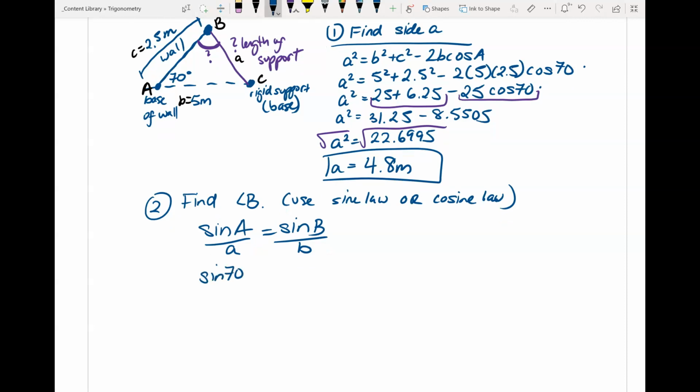Angle A is 70 degrees. Side A, we just found that, is 4.8. We don't know what angle B is yet, and side B is 5.